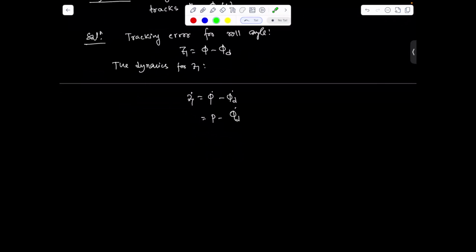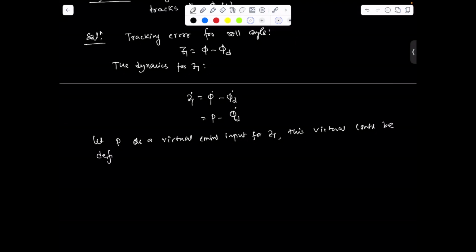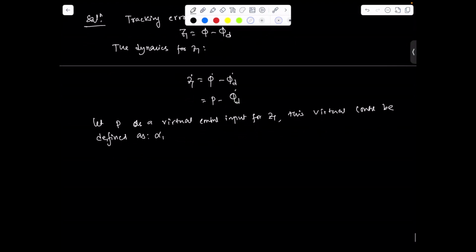So let p be the virtual control input for z1, and this virtual control be defined as alpha 1.